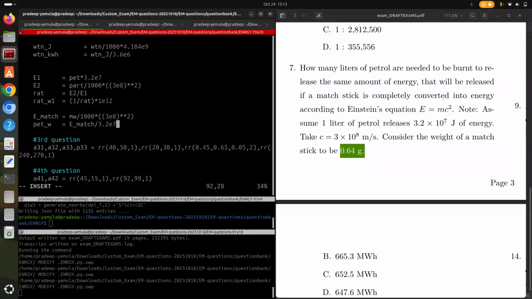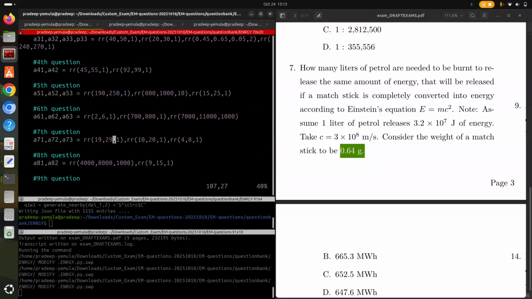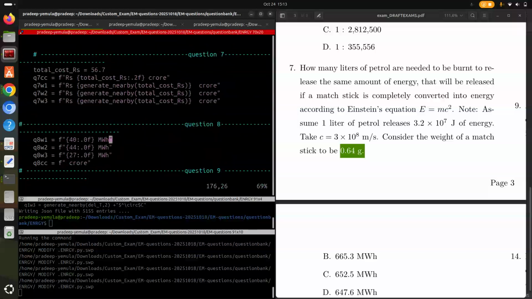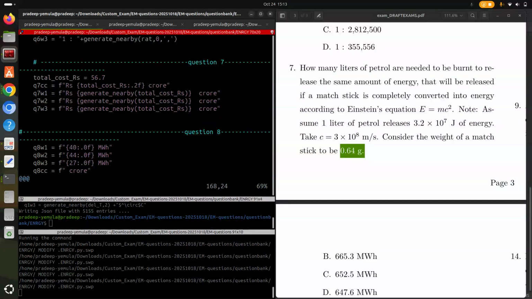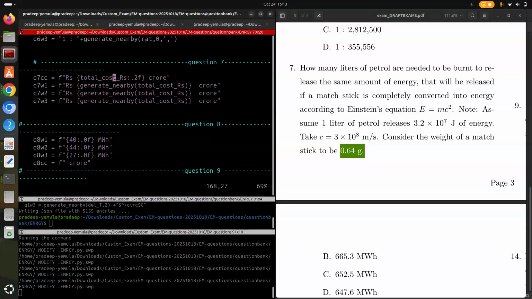So PET underscore W is our final answer, the answer for question number 7. I'll delete this and put PET underscore W here as the answer. The units will not be rupees, the units will be liters.